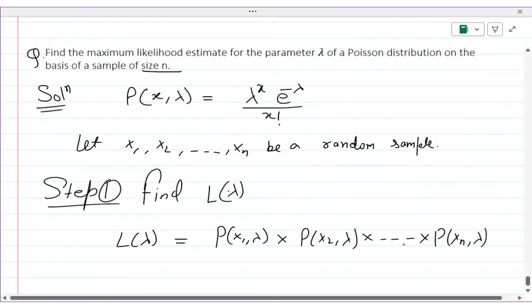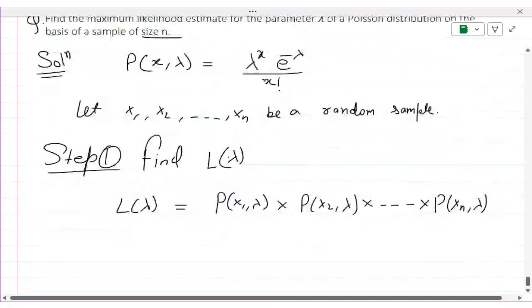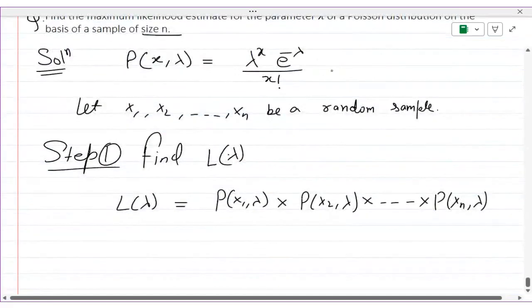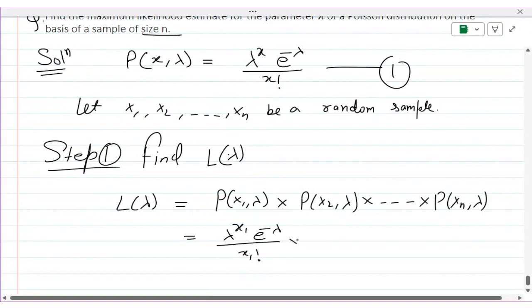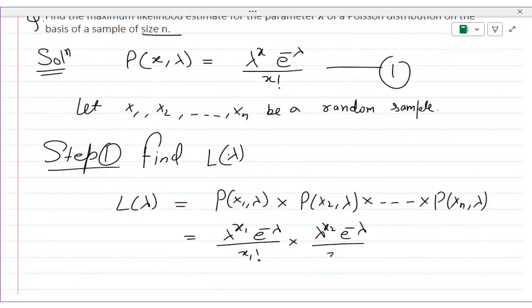Let us call this equation number 1. If I put x1 there, you will get lambda power x1 e power minus lambda divided by x1 factorial, into lambda power x2 e power minus lambda divided by x2 factorial, into so on. In the end, we have lambda power xn e power minus lambda divided by xn factorial.